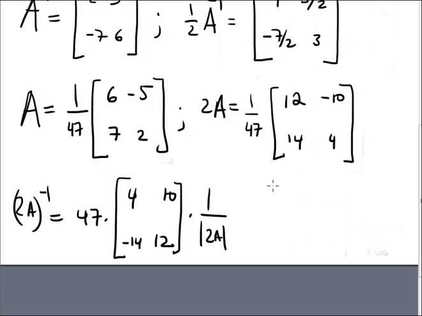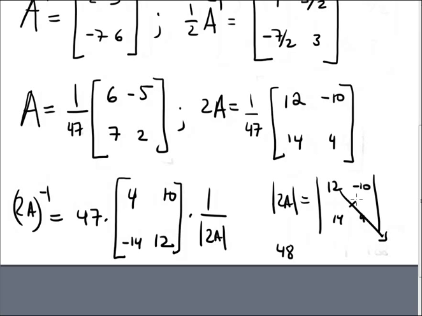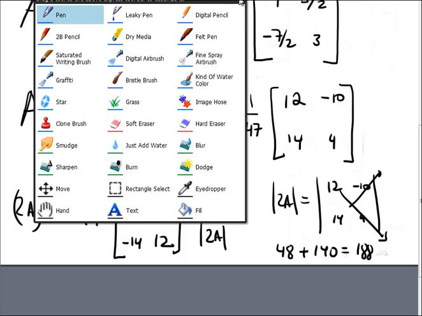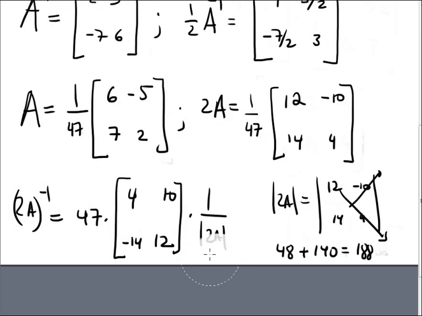And the determinant of 2A, with 12, -10, 14 and 4, is: multiplication this is 48, multiplication this is 140, and the answer is 188.